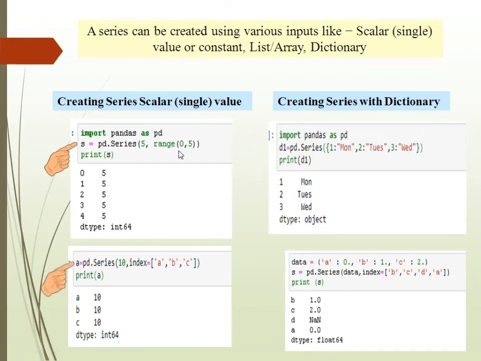The second one is again inserting scalar values and changing the index numbers. The third one is creating a series with the help of a dictionary, and when we enter the dictionary, it will automatically take the keys of the dictionary as the index and the values of the dictionary as its data values. Clear?